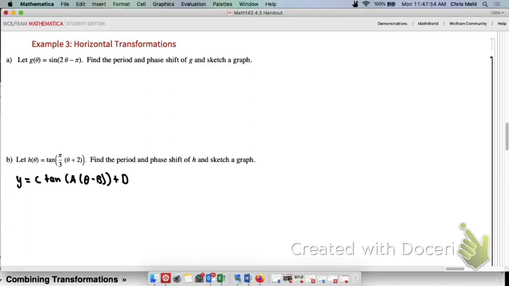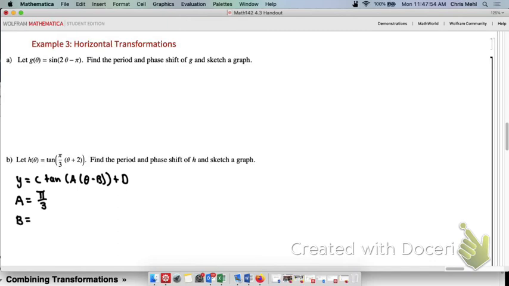There we go. And for our given function, c would be 1, capital D would be 0. That's why those have vanished. So the value of a here, comparing what we've been given to the general form, a would be pi over 3.